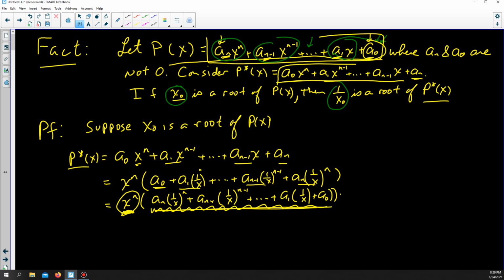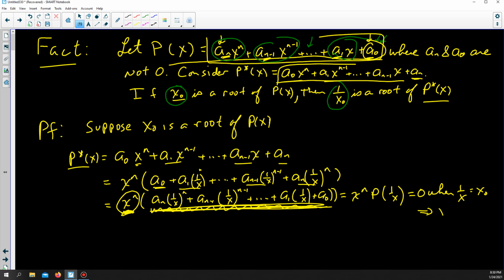But if you notice, this is x to the n times this, but that's just p of 1 over x. And this equals 0 when 1 over x is x0. It does equal 0 when 1 over x equals x0.